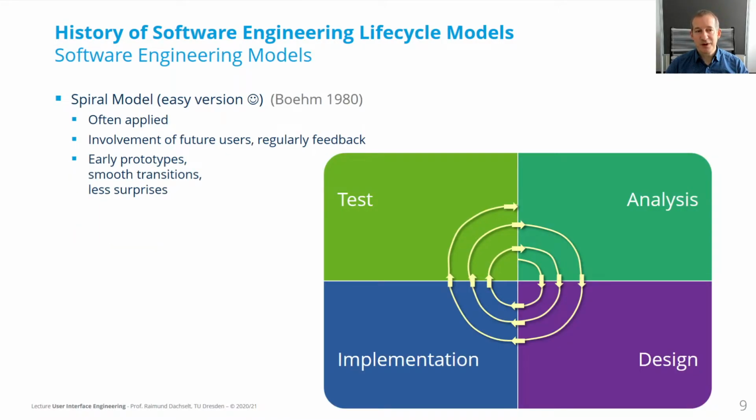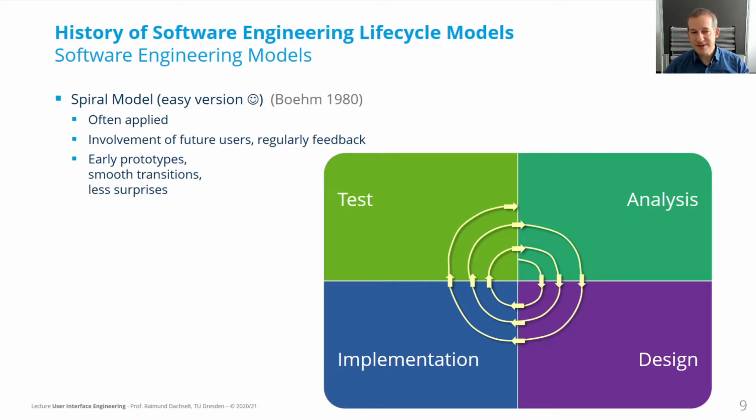Let's come back to the software engineering model. So we already talked about the waterfall model. And Barry Boehm in 1980 introduced another important model, picking up this idea of iterative development, which Fred Brooks later on postulated again in his No Silver Bullet article.